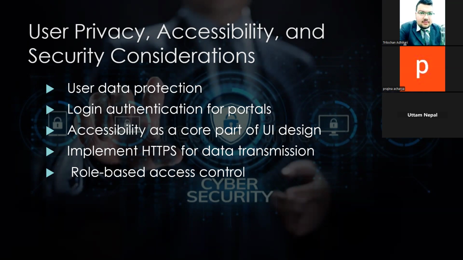Another is implementing HTTPS for data transmission. We implement HTTPS to encrypt data during transmission, ensuring that sensitive information remains secure. The last one is role-based access control. With role-based access control, we assign different permissions based on user roles, ensuring that each user only has access to the resources relevant to their responsibility.